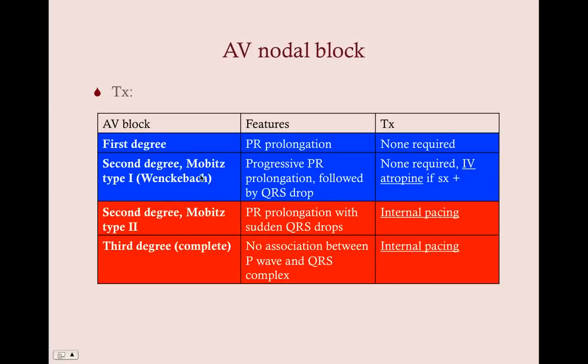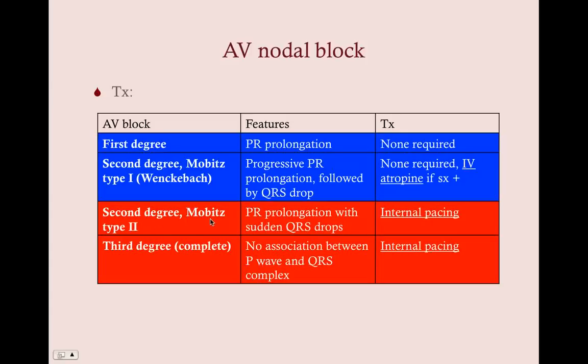So remember, second degree type 1 is the progressive PR prolongation followed by, at some point, a QRS drop. And no treatment is required unless there are hypoperfusion symptoms, and if there are, then you would give them IV atropine. With the second degree Mobitz type 2 block, where you have just the random drops of QRS, those patients will need a pacemaker.